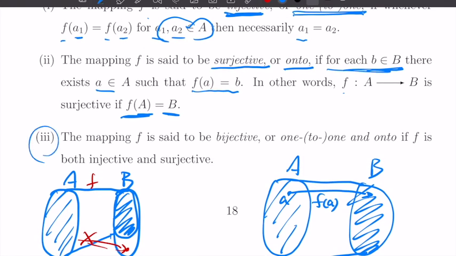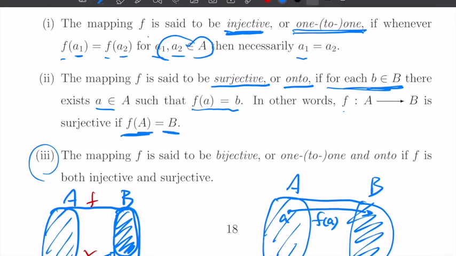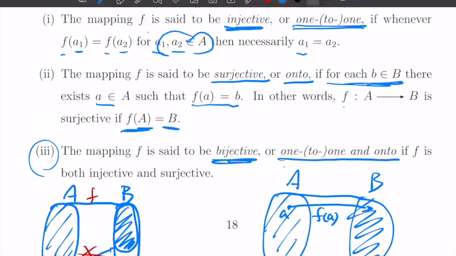And third, the mapping f is said to be bijective, or one-to-one and onto, if f is both injective and surjective. So this should be easy, right?